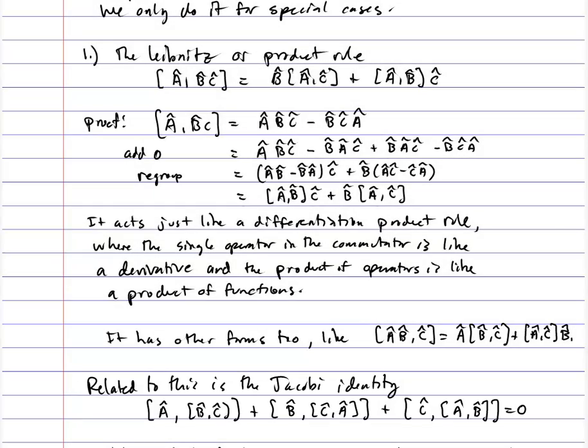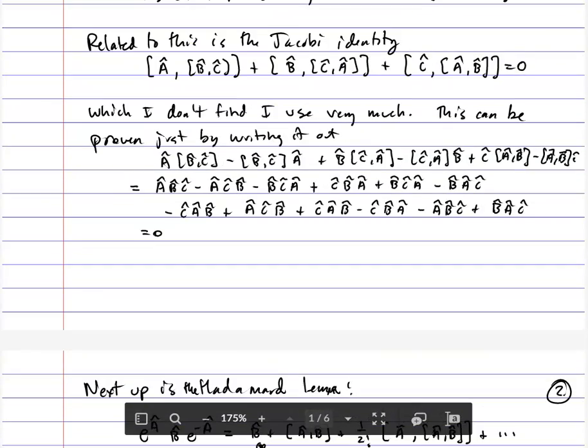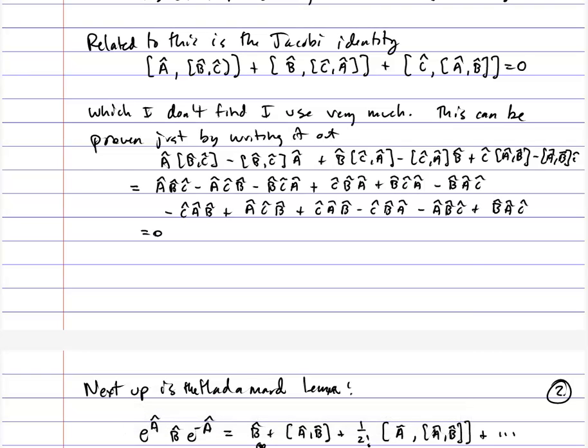Now, personally, I don't find this Jacobi identity particularly useful. There are a couple of occasions where it does come in handy, but often I find I never need it. So even though it's mentioned in many textbooks, I don't view this as one of the really critically important identities in quantum mechanics.